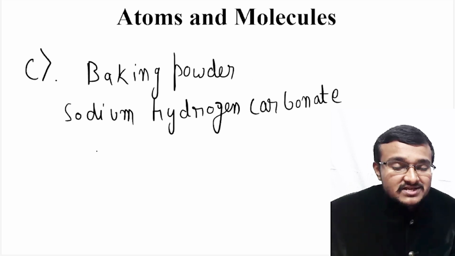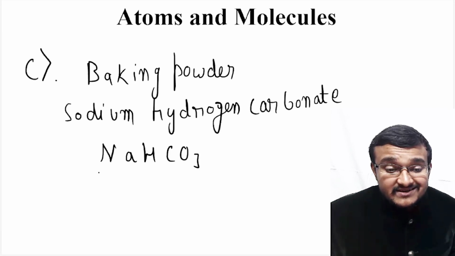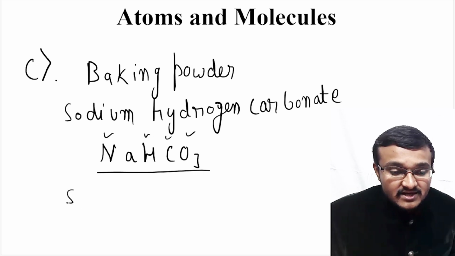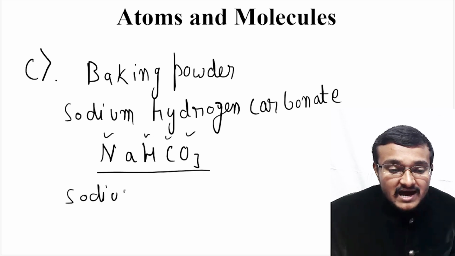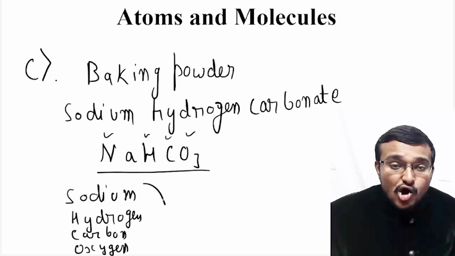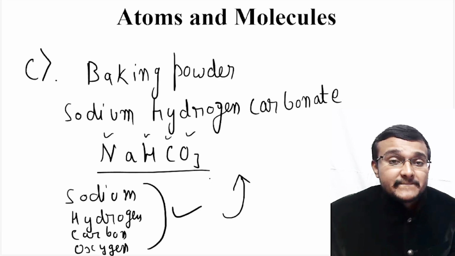If you write the chemical formula of sodium hydrogen carbonate, it is NaHCO3. So when you look at this chemical formula, you can clearly notice sodium is there, hydrogen is there, carbon is there, oxygen is there. So sodium, hydrogen, carbon, oxygen. All these four elements are present in this baking powder.